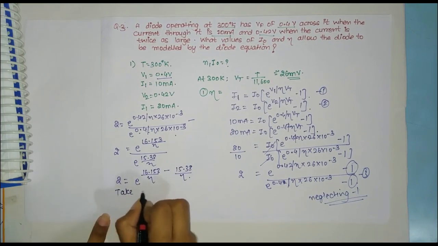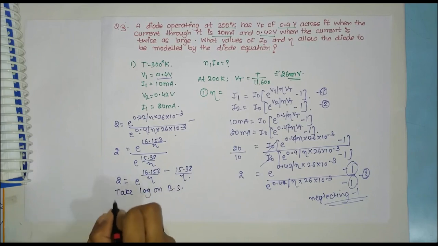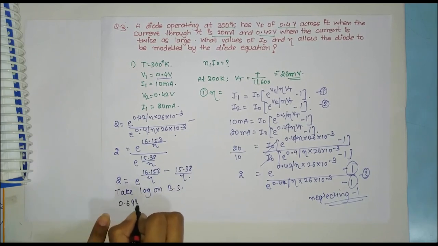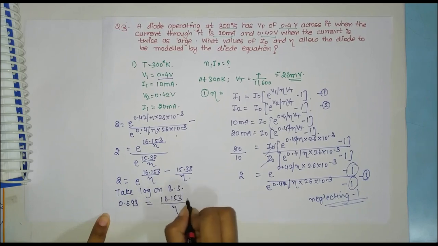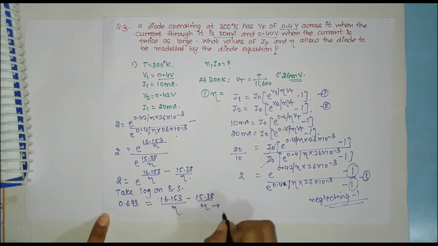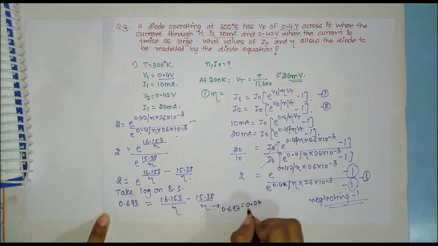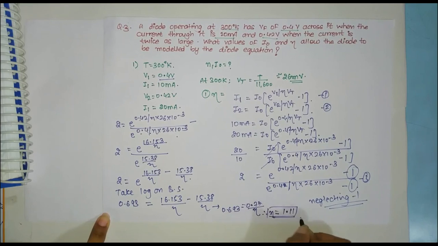Now we'll take log on both sides. So log 2, which is 0.693, is equal to 16.153 upon eta minus 15.38 upon eta, which is equal to 0.77 upon eta. So therefore the value of eta is coming out to be 1.11.